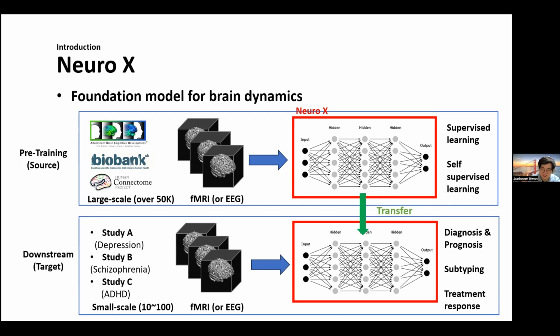He called this project, making the foundation model for fMRI or EEG dataset, NeuroX. Maybe it means the possibility of neuroimaging datasets for further application. So he named it X. It has a lot of potential for future research.